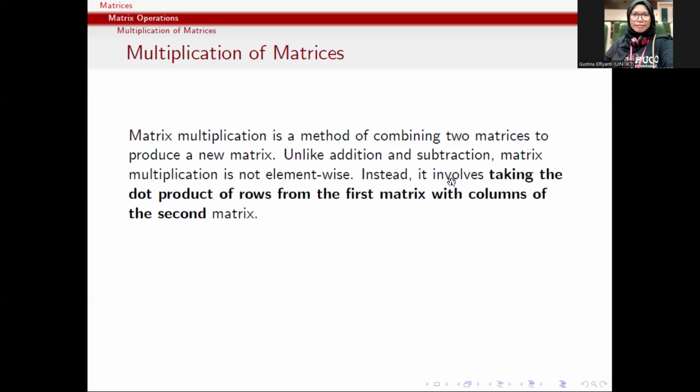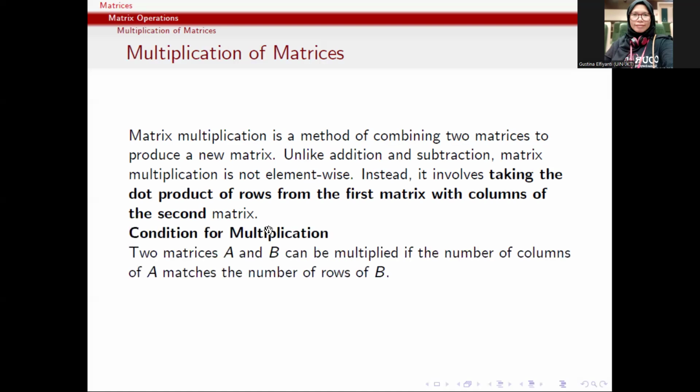Instead, it involves taking the dot product of rows from the first matrix with columns of the second matrix. The condition for multiplication is: two matrices A and B can be multiplied if the number of columns of A matches the number of rows of B.